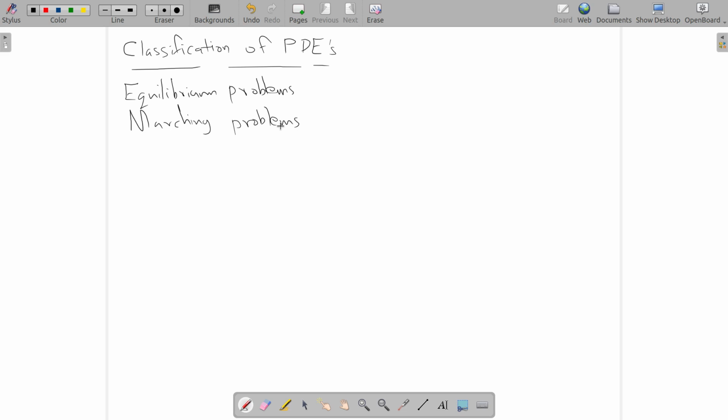So equilibrium problems are those problems for which a state of equilibrium is attained, and marching problems are essentially transient, unsteady problems. They're always transient, unsteady.